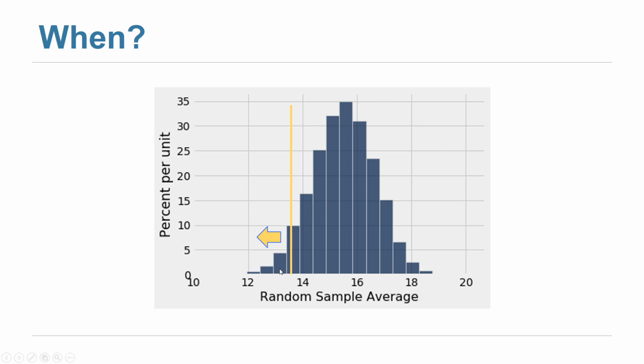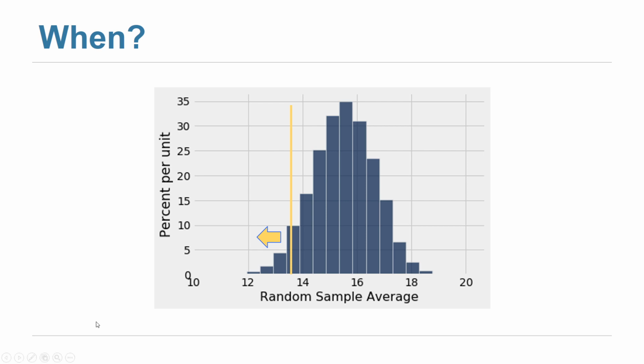When can that happen? All of these values. What is the probability that this can happen? It's actually the area, the p-value of the observed statistic. So if the observed statistic is here, then the area below it is the probability that it can happen if the null hypothesis is true.